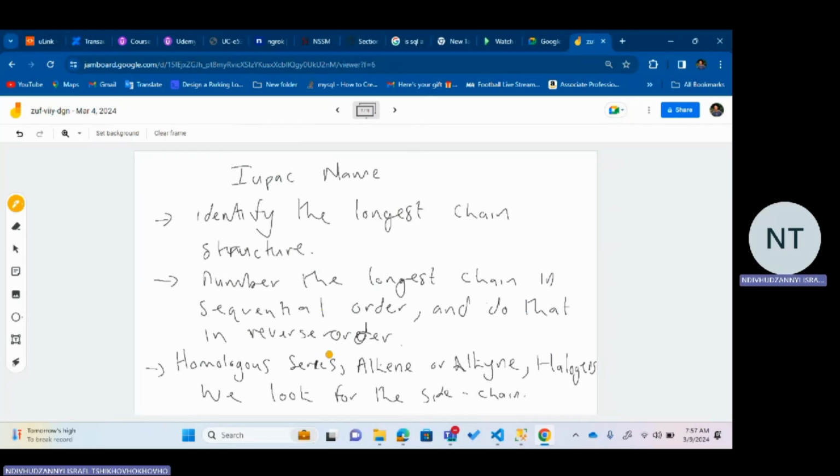Do you have a homologous series? Just say no for now because you don't see any, right? Do you have a double bond in between the carbons? No. Do we have a triple bond in between the carbons? No. Do we have a halogen? Then yes, we have Cl. Then we stop there. We don't continue looking for the side chain.